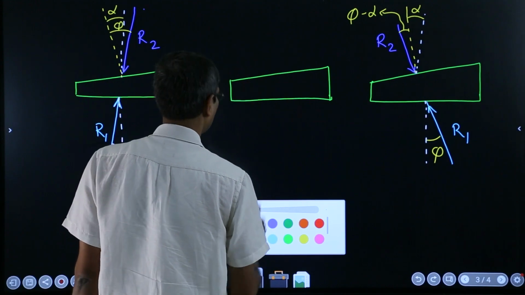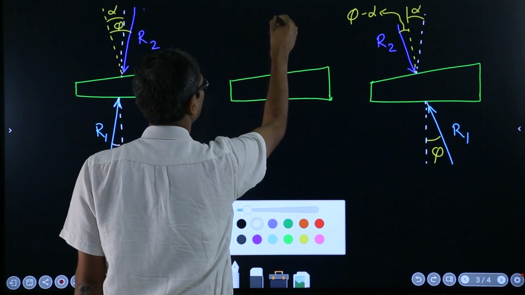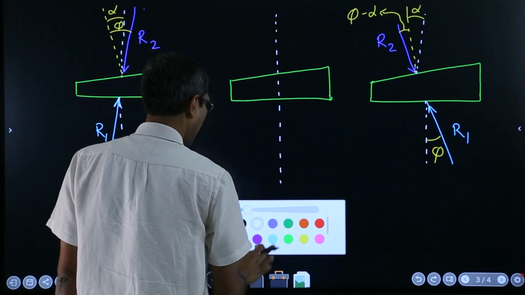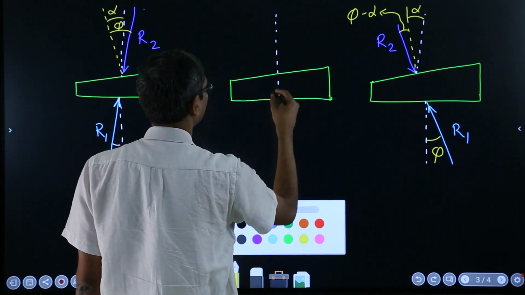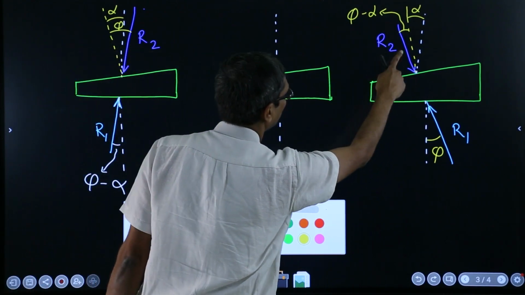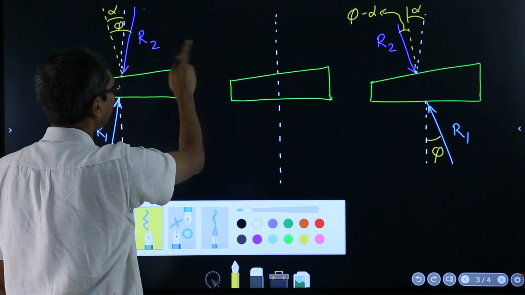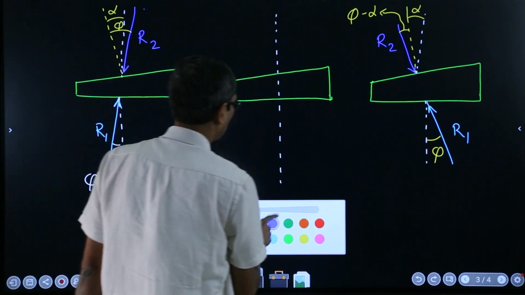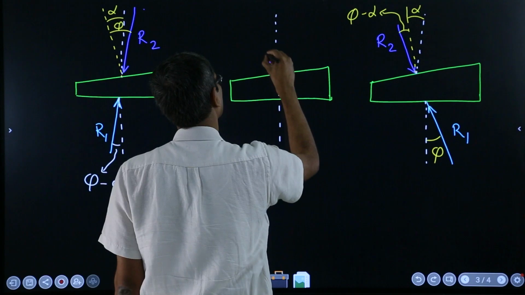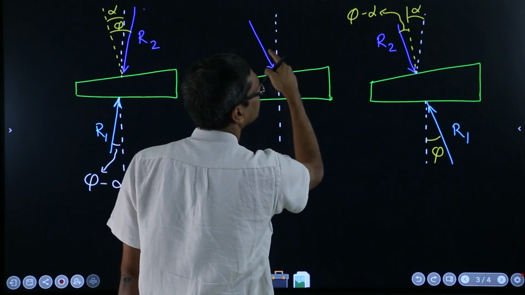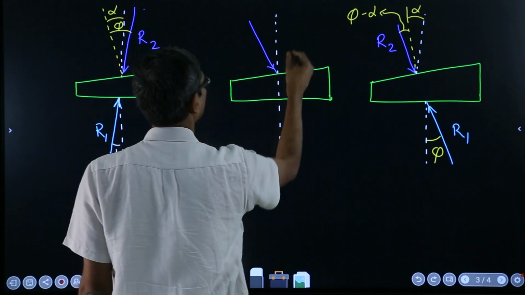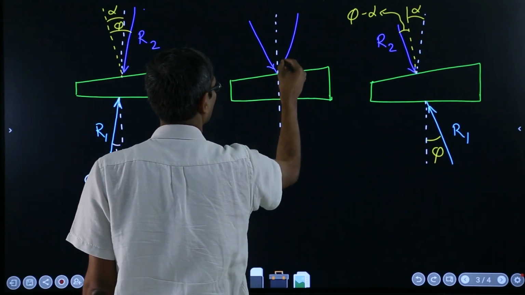Now let's see, we will draw the vertical like that, the ground vertical. And then let's see R2, it can vary from what to what. So now in this case it is in this direction, and in this case it is in this direction, sorry.